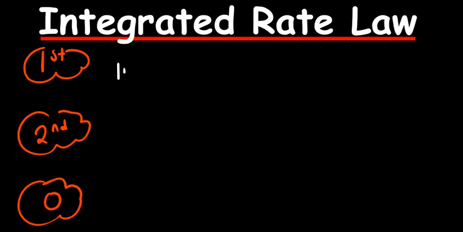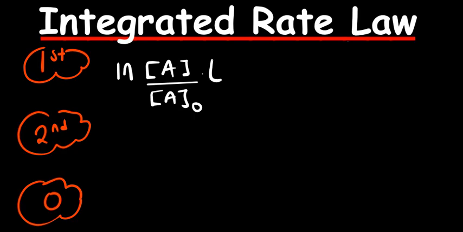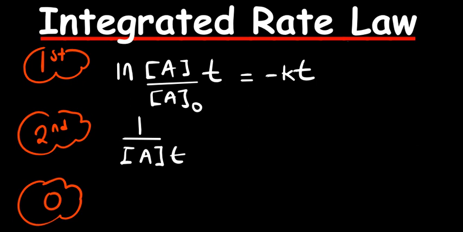It is the natural log of A over the natural log of A initially, multiplied by T, equal to negative KT. Then for the second order, it is 1 over the concentration of A, multiplied by T, equal to 1 over the concentration of A initially plus KT.